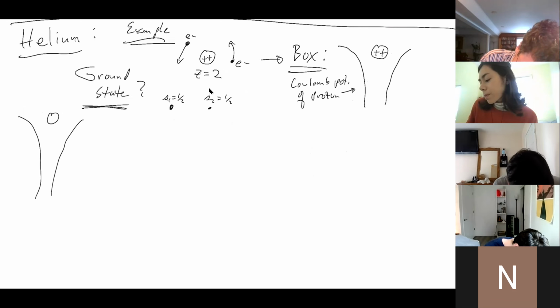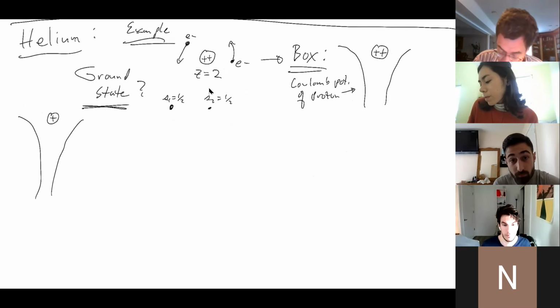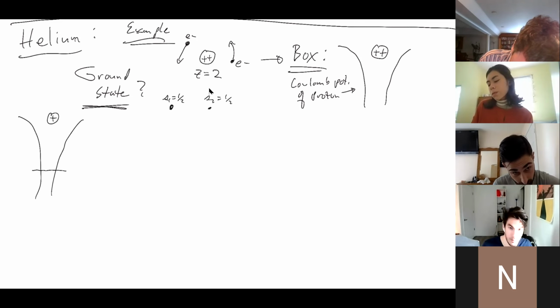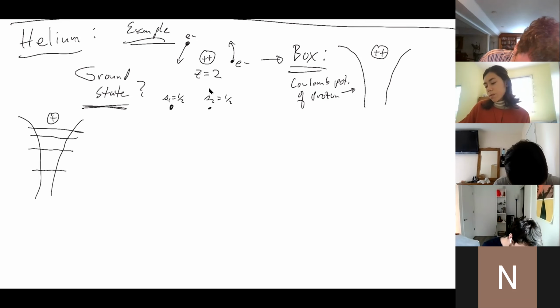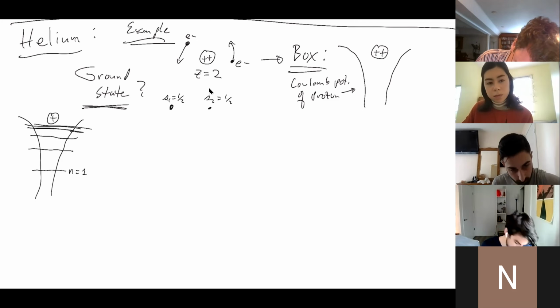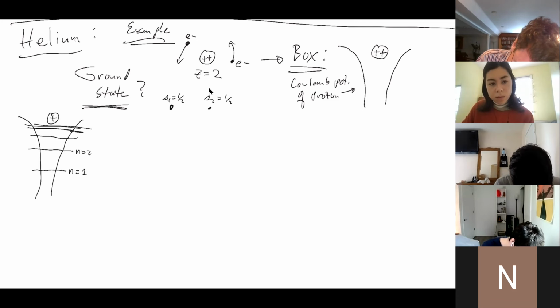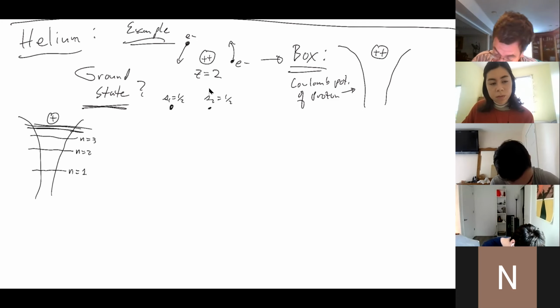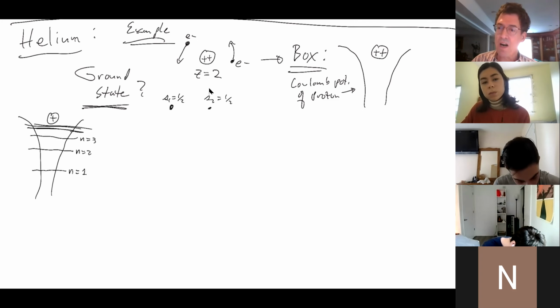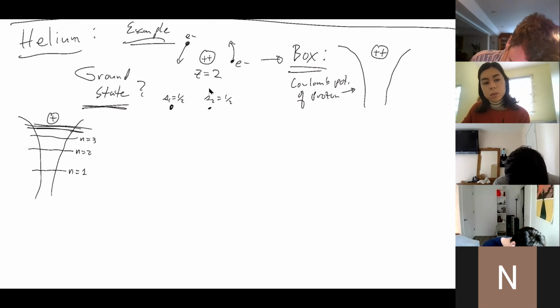Here's my box. It's this Coulomb potential, and I have the single particle levels. And you know them all. This is the n equals 1 level, n equals 2 level, n equals 3 level. And these are all the particle in a box states. But here the box is an atom.